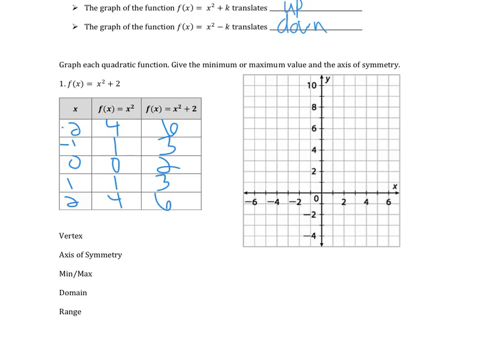So go ahead and plot our initial. So my x squared will be in blue. So there's our parent function. A little less wave in our graph there.